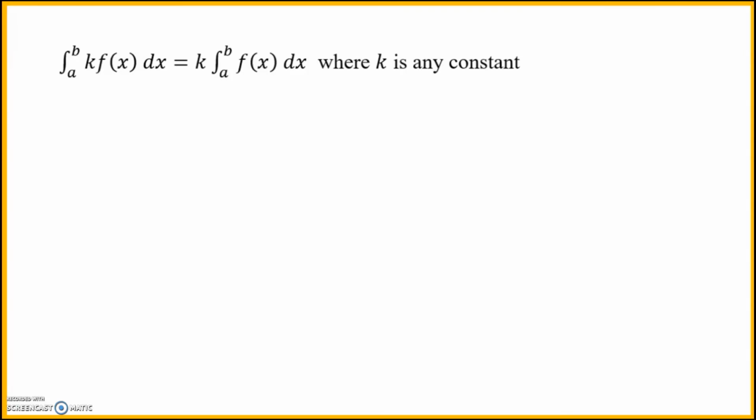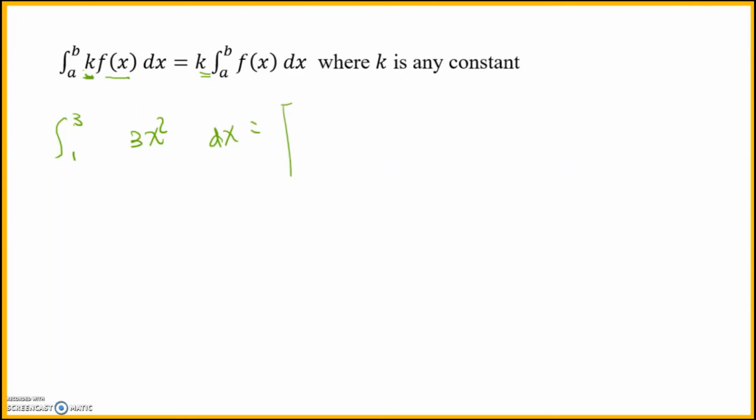This is the constant multiple rule. Let's say I have a constant k multiplied to f(x). The integral of k times f(x) is actually, I can take the k out and multiply it with the integral of f(x). So for example, I have the integral of 3x squared from 1 to 3.